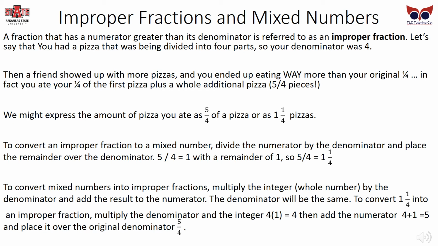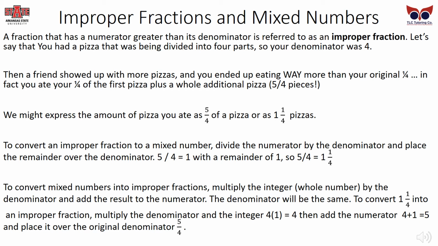5 1/4 would be 1 with a remainder of 1, so 5 1/4 would become 1 1/4. To convert mixed numbers into improper fractions, multiply the integer, whole number, by the denominator and add the result to the numerator.